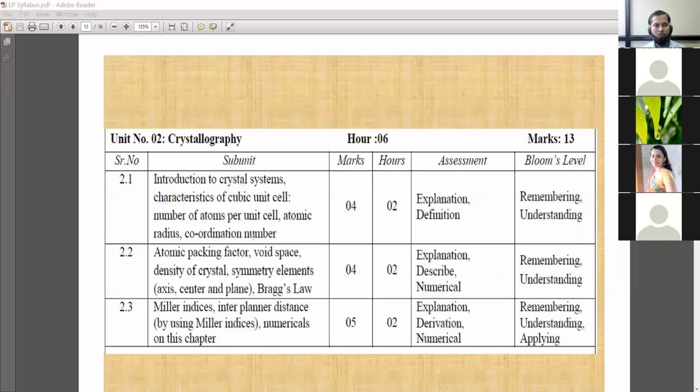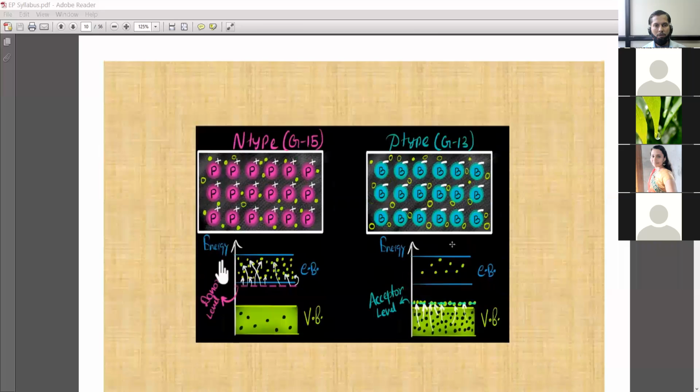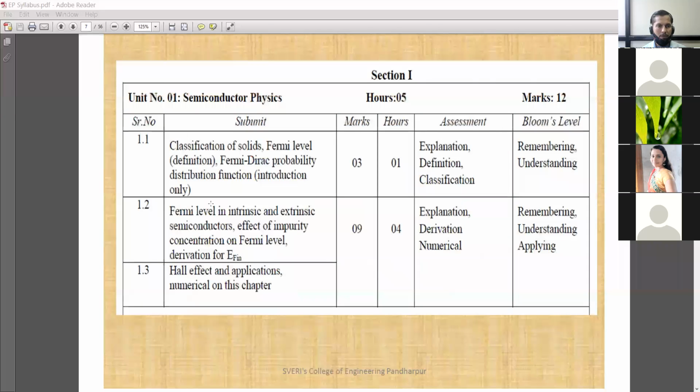Okay, before coming to the next one, let me show the syllabus once again. याच्यामध्ये आपण क्लासिफिकेशन ऑफ सॉलिड्स बघितलं, त्यानंतर फर्मी लेवल, फर्मी डिरॅक डिस्ट्रीब्युशन फंक्शन हे फक्त इक्वेशन आहे, त्यानंतर फर्मी लेवल म्हणजे काय आणि त्याचं डेरिव्हेशन बघायचंय, आणि सगळ्यात शेवटी हॉल इफेक्ट.